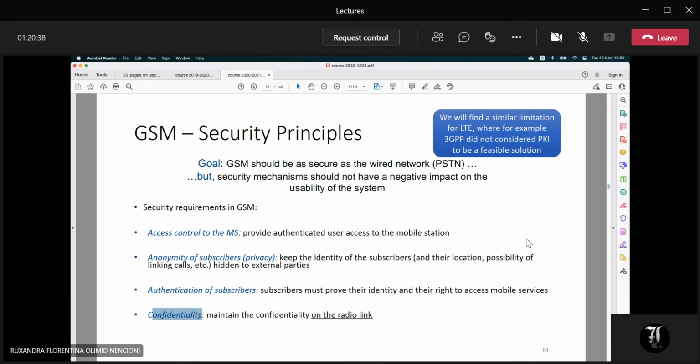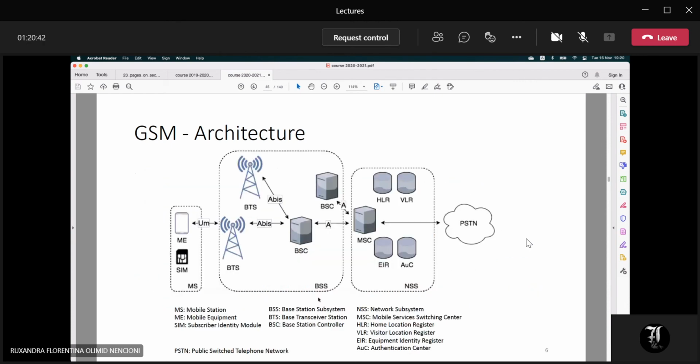And confidentiality on the radio link only, and here we have a problem. This part here for sure is wireless. The other part here might be wireless or might be wired, depending on how the network operator implements the network. We already know wireless is more prone to attacks. I can have jamming, we were talking about it before, so it's easy to do a denial of service.